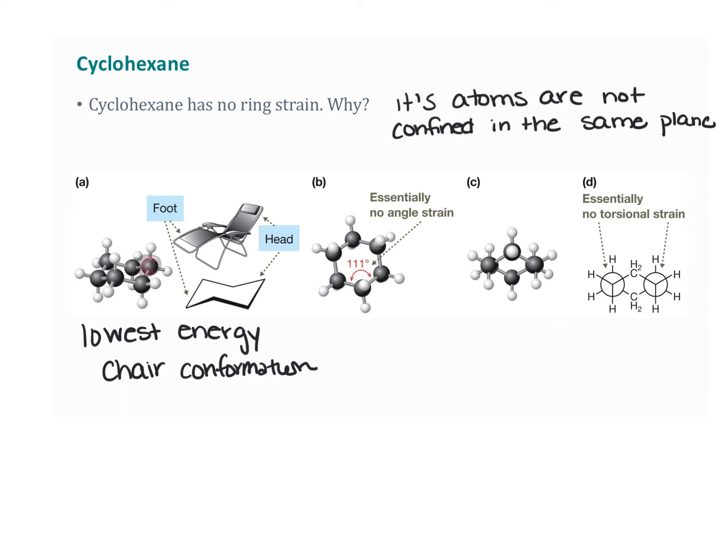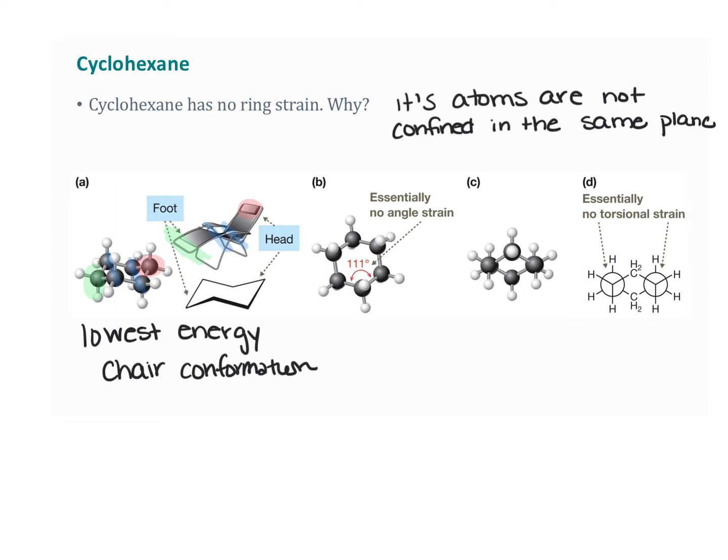This right here is the top of the chair, and then these 4 right here are this area where you would sit. And then this green right here corresponds to the green right there where you would put your feet. And so that's why it's called a chair configuration.